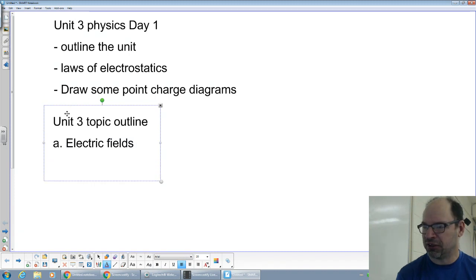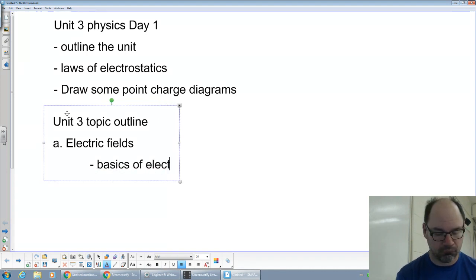But we might touch on it if time permits. So in electric fields, we're going to look at the basics of electrostatics. So that's what we're going to do basically today.